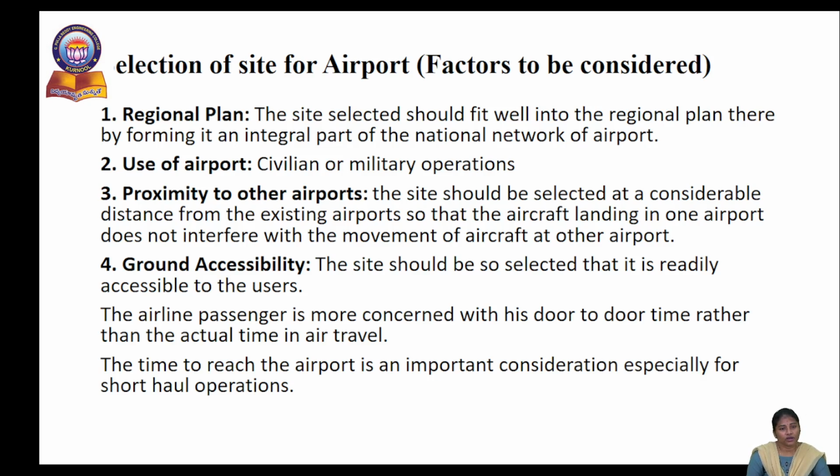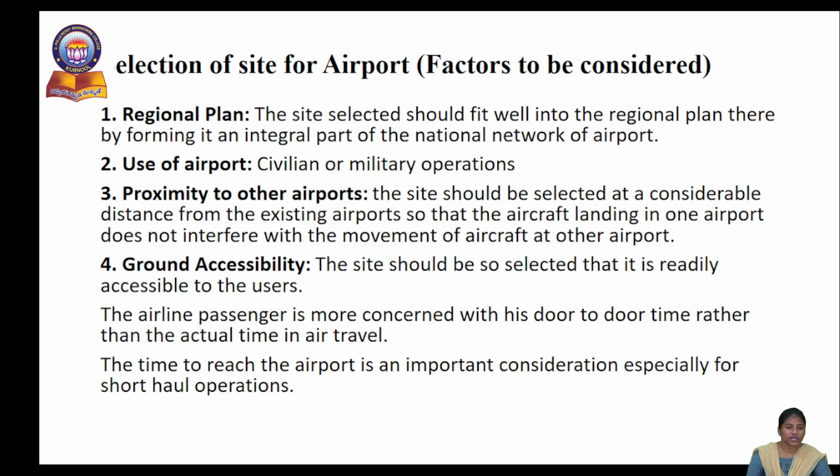The next factor that you need to consider is proximity to other airports. The site should be selected at a considerable distance from the existing airports, so that whenever an aircraft is landing at one airport, it does not interfere with the movement of aircraft at another airport.